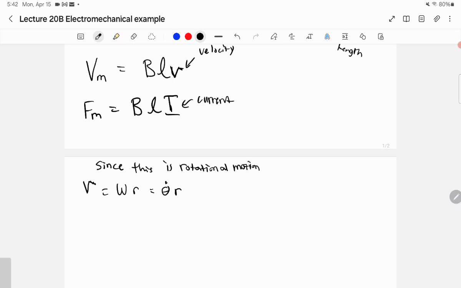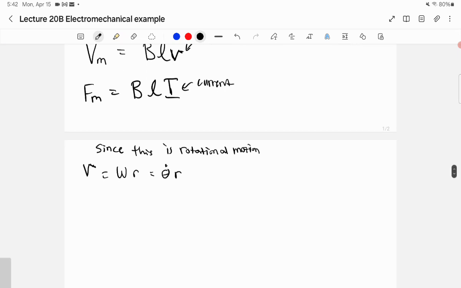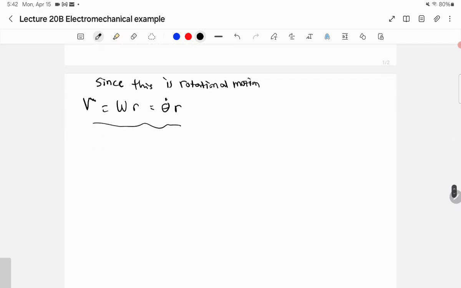That's just the linear velocity being related to the rotational velocity by this relationship, omega times r. That is another thing that comes directly from physics. So combining those facts, I can write this as B L r times theta dot. Okay.